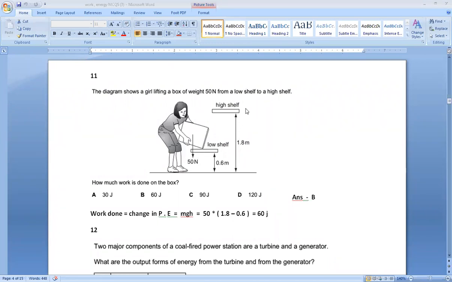The height of the high shelf is 1.8 meter from the ground. Low shelf is 0.6 meter from the ground. So that girl has to lift through 1.8 minus 0.6, that is 1.2 meters. So she has to lift through a height of 1.2 meter.